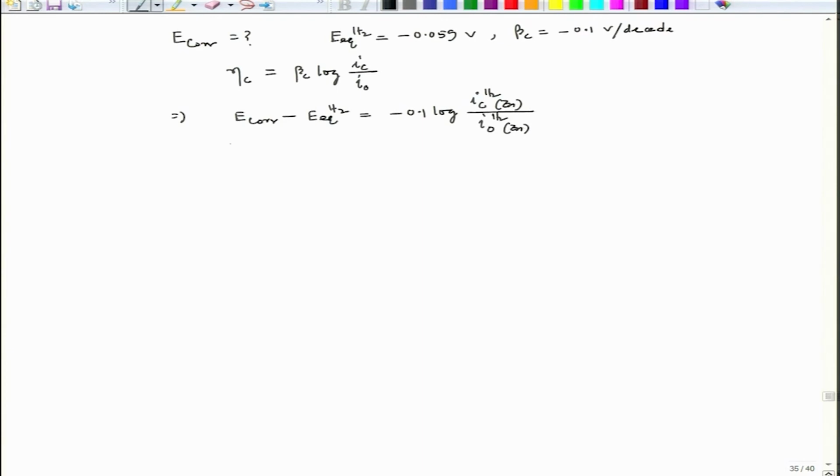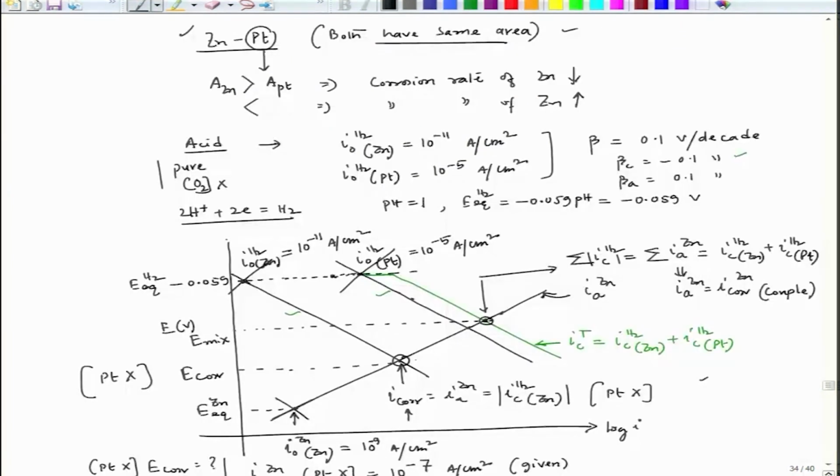Now, we know all those values except this. So, let us put them. E corr plus 0.059 equals 0.1 log 10 to the power minus 7 divided by 10 to the power minus 11, since at this point IC hydrogen evolution over zinc surface is equal to I corr.